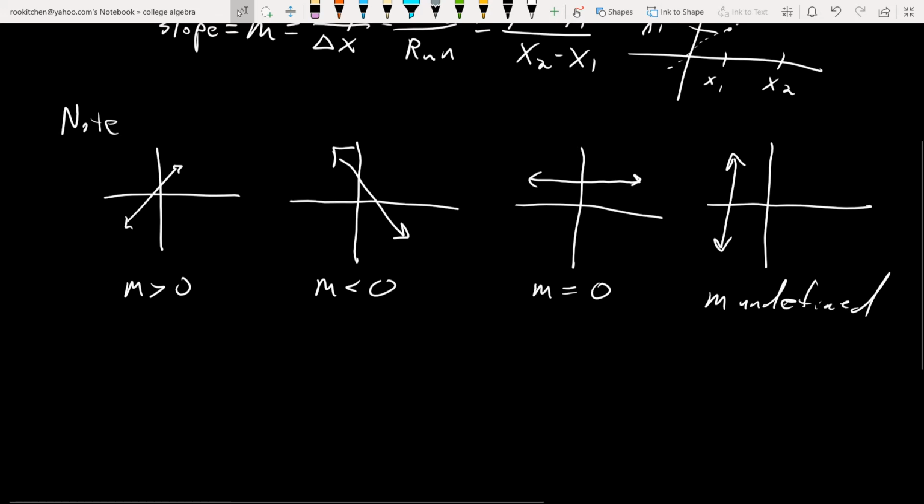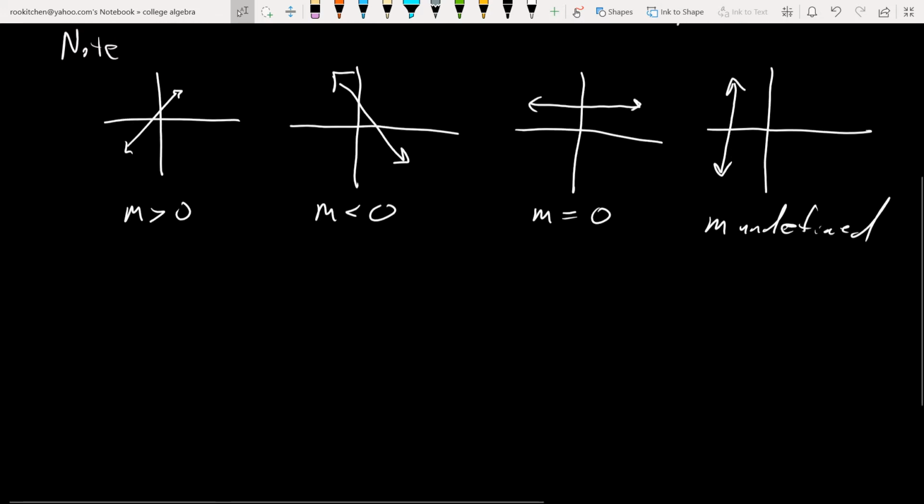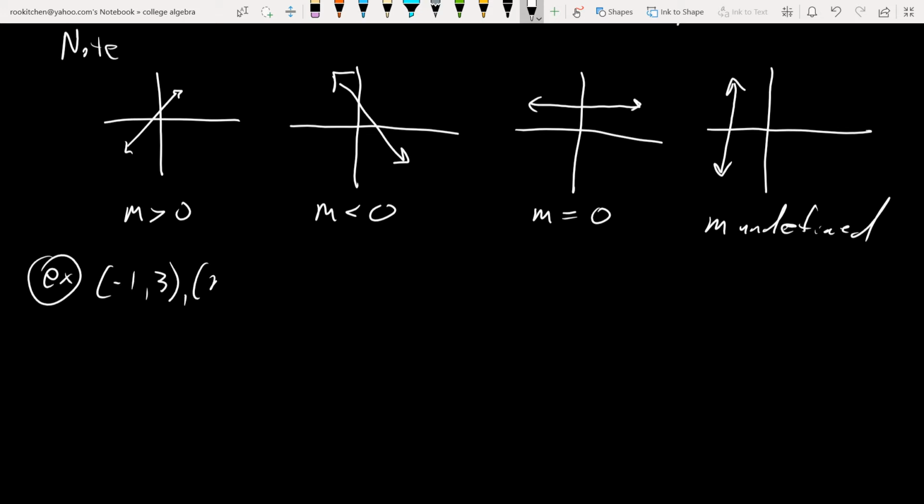Okay, so the first couple problems, you'll want to just calculate slopes given ordered pairs on a line. So let's say (-1, 3) and then (2, 4), something like that. So for slope, usually I draw little arrows, kind of 4 minus 3. And you have to go 2 minus -1.